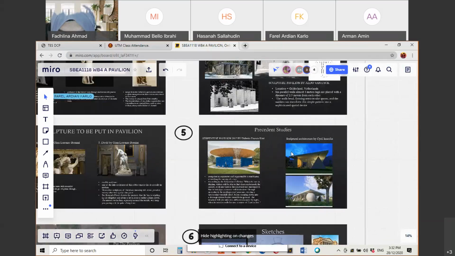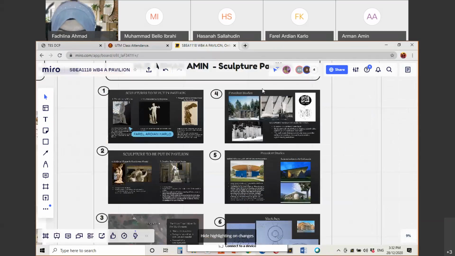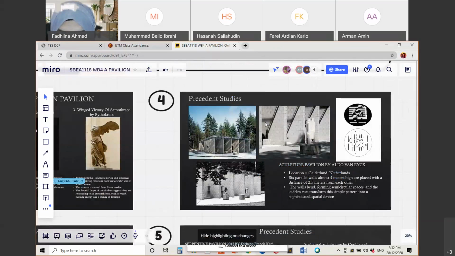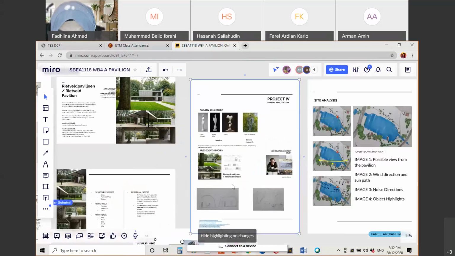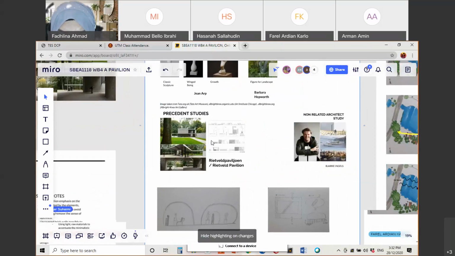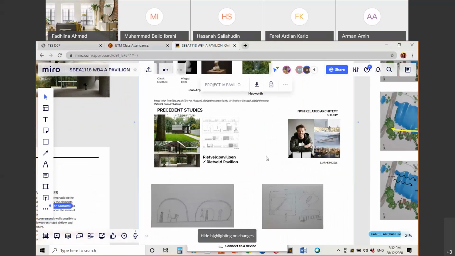I was thinking of adding that as one of the precedent studies, but after looking at it, there's a very big difference. The Aldo van Eyck Pavilion is more enclosed, while the Rietveld is more open. So I don't know how I am going to tie both studies and use them in the design.